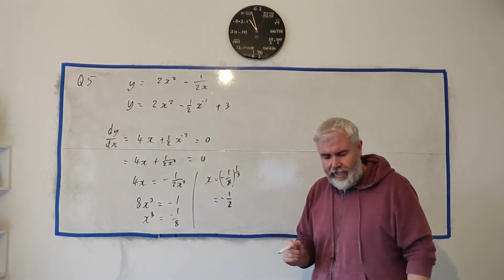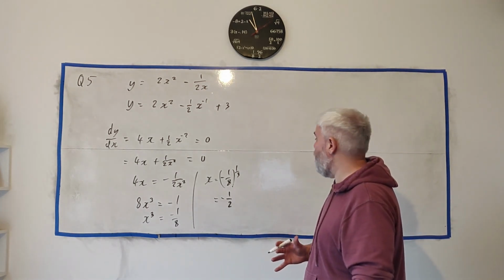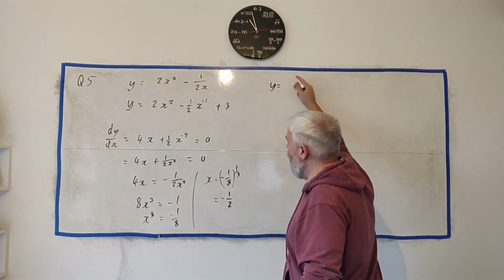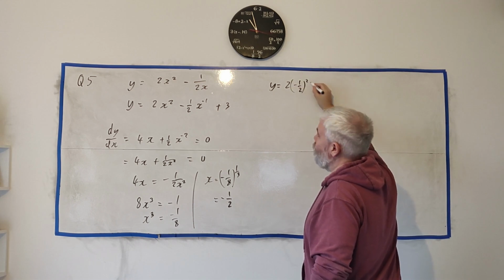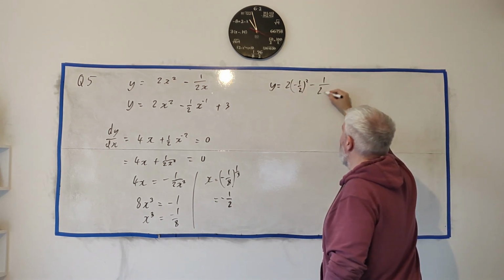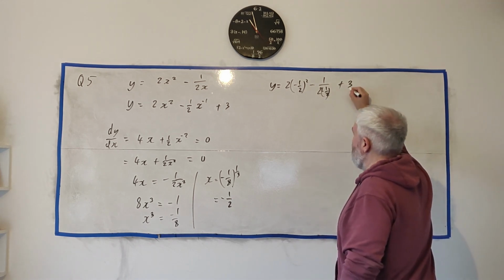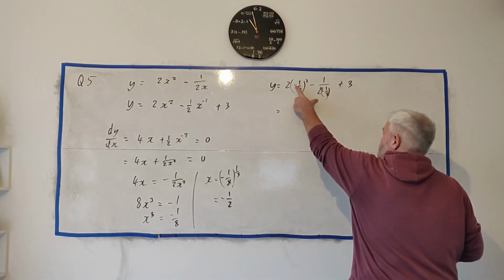They didn't ask for just x though, they asked for a stationary point. So be careful of that. They did want y. So let's put it back in here. y is equal, let's see, 2 times minus a half squared minus 1 over 2 times minus a half plus 3. Again, your calculator will do this if you're not that good at it. But 2 minuses make a plus.